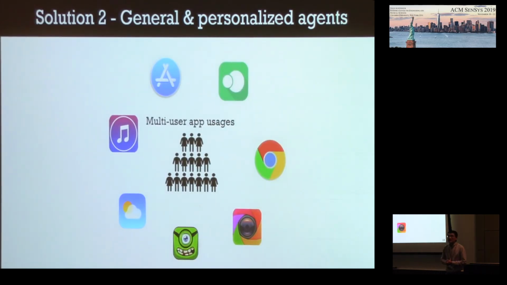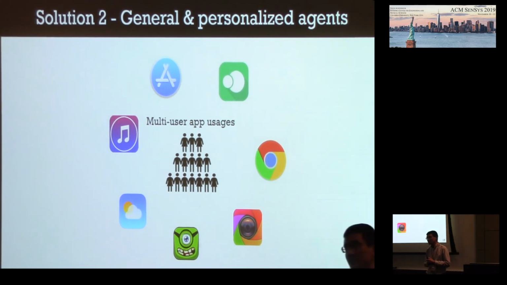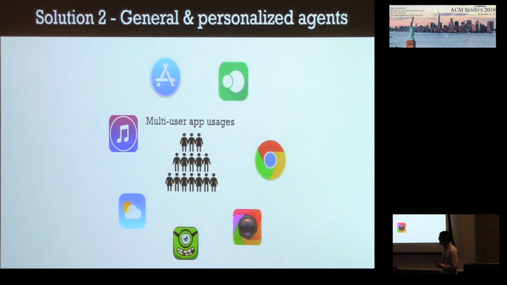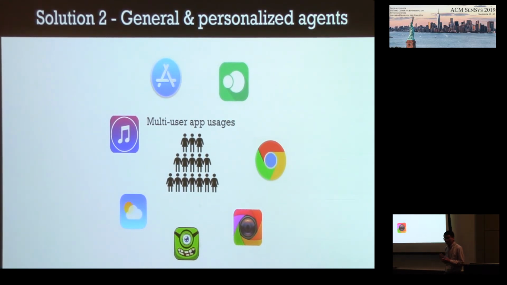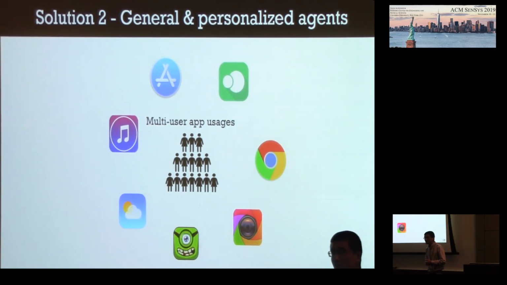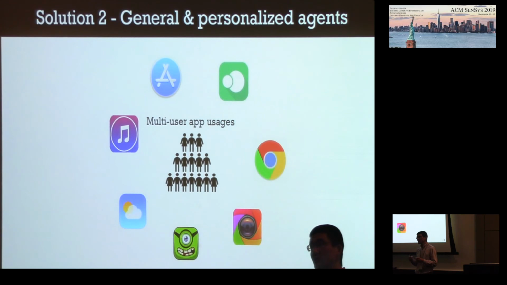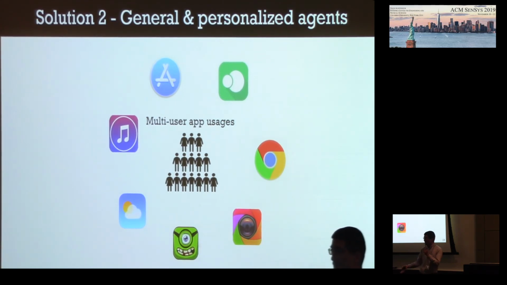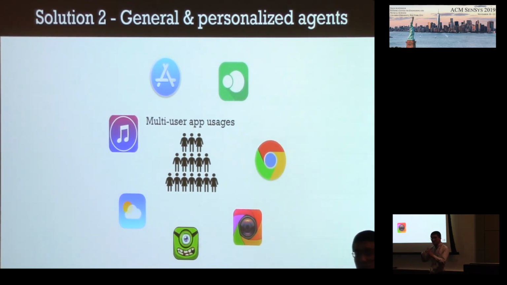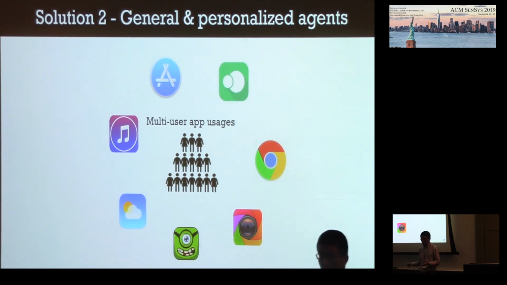So we propose that we first generate a general model. This general model is based on the training data of all the users. We have 443 users. This general model will catch the application usage behavior of all the users. This behavior is some common behaviors, right?